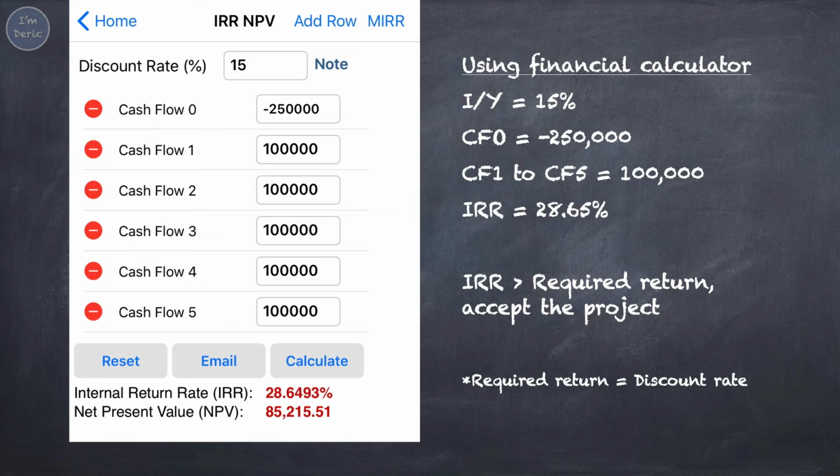Simply input the following values: discount rate of 15%, CF0 is negative $250,000, and CF1 through CF5 as $100,000. Press the calculate button, and you will obtain an IRR of 28.65%. Since the IRR exceeds the required rate of return, we will proceed with accepting this project.